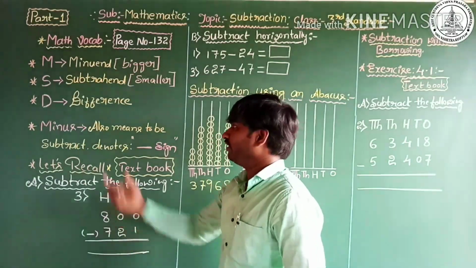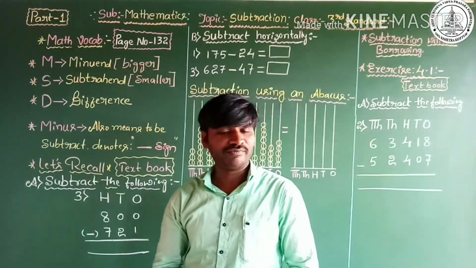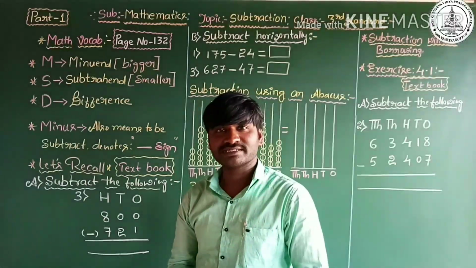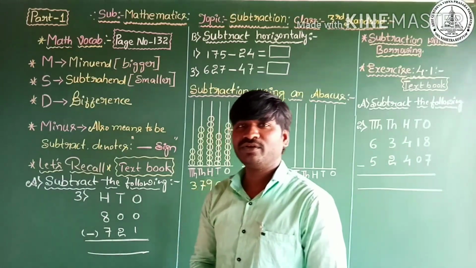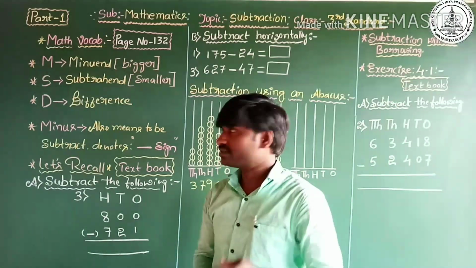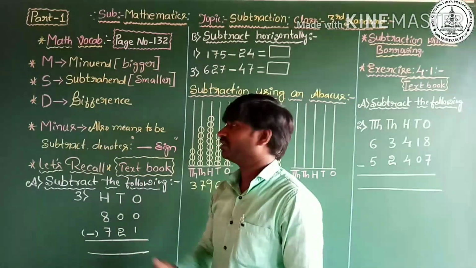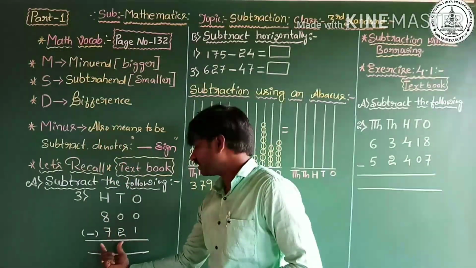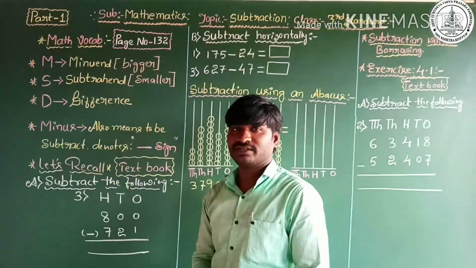Okay dear students, what is difference? The answer obtained on subtraction of the smaller number from the greater number. That is the difference. It means the result of these two values.